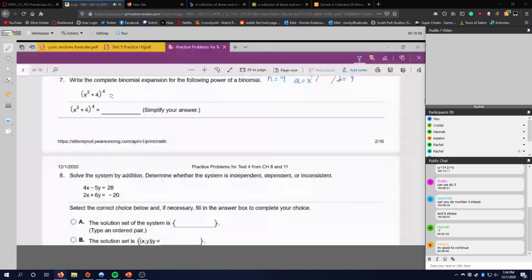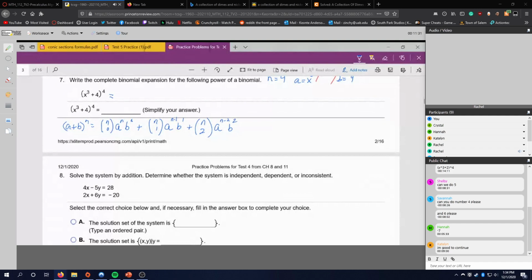If I had (a plus b) to the n, remember I started with n combination 0, a to the n, b to the 0, and then plus n combination 1, a to the n minus 1, b to the 1, plus n combination 2, a to the n minus 2, b to the 2.